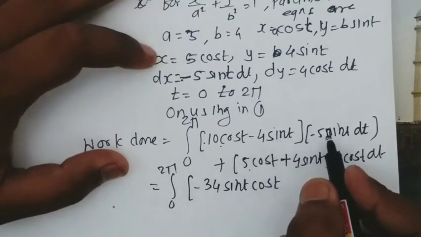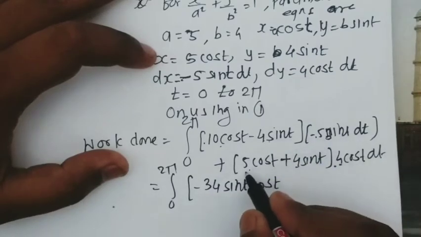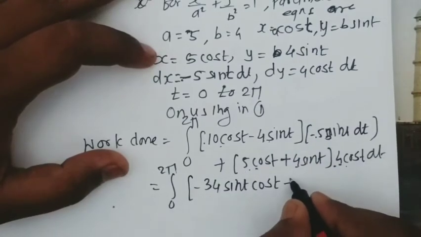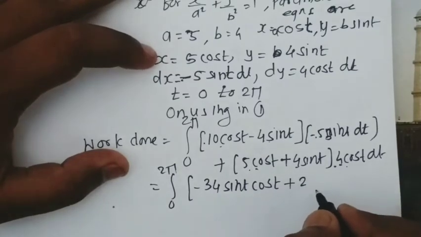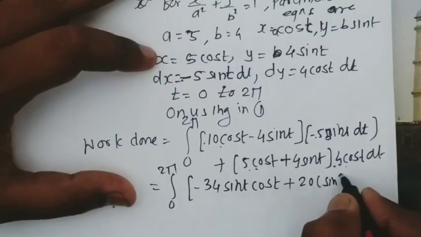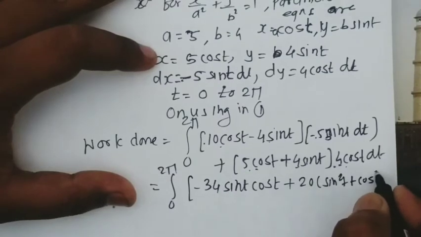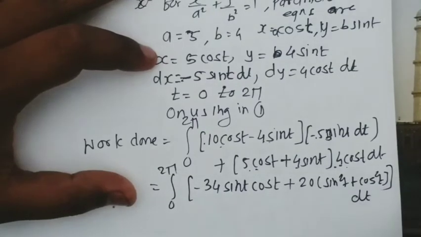Then sin t into plus 4 into 5, 20 sin square t. Here we have 20 cos square t. So 20 sin square t plus 20 cos square t will be 20 into (sin square t plus cos square t), which is 1. So this will be the remaining terms, and dt.